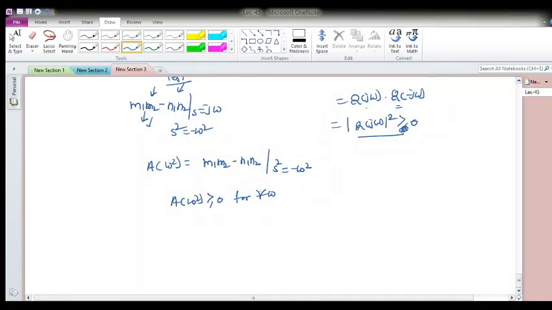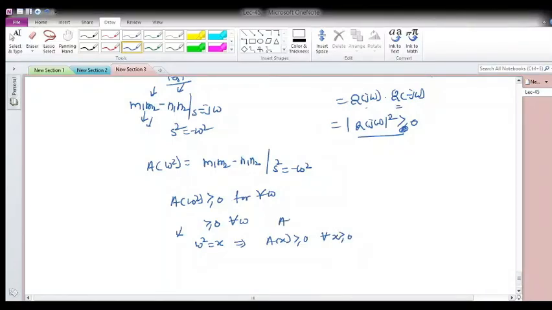If this is greater than or equal to 0 for all omega, then we can say this PRF condition is satisfied. For simplicity, I can replace omega square by a simple x and check a of x. So a of x should be greater than or equal to 0 for all x greater than or equal to 0.